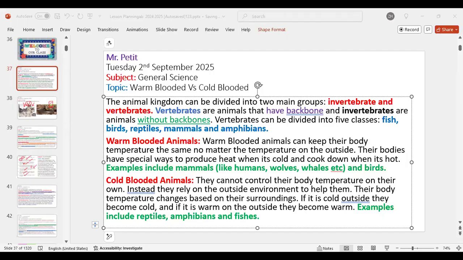All right, so take a picture of your work and send it to me via WhatsApp. Also take a picture of your grade once you have done the quiz.